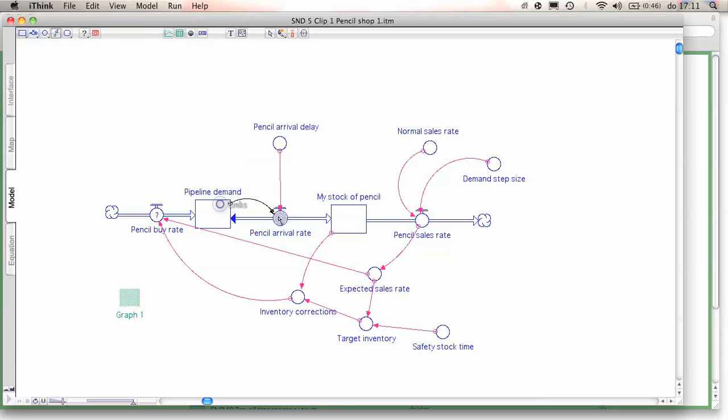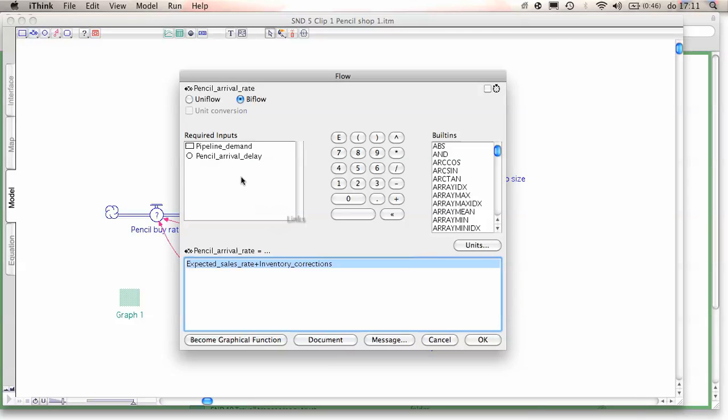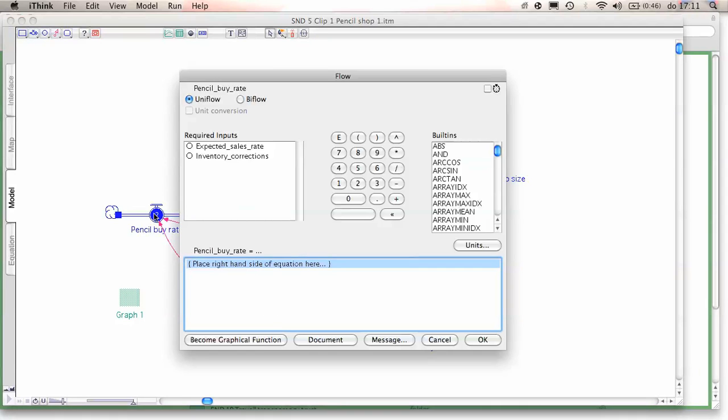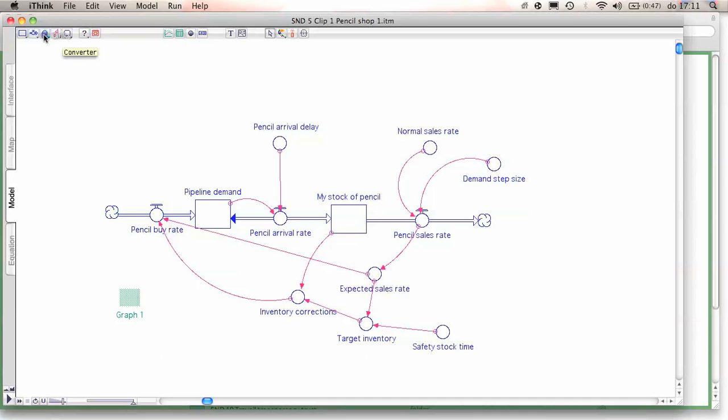So the pipeline demand will go in 2 days all the way up here, a first order material delay. And the pencil buy rate will be again the expected sales rate plus inventory corrections, but now also plus pipeline corrections.